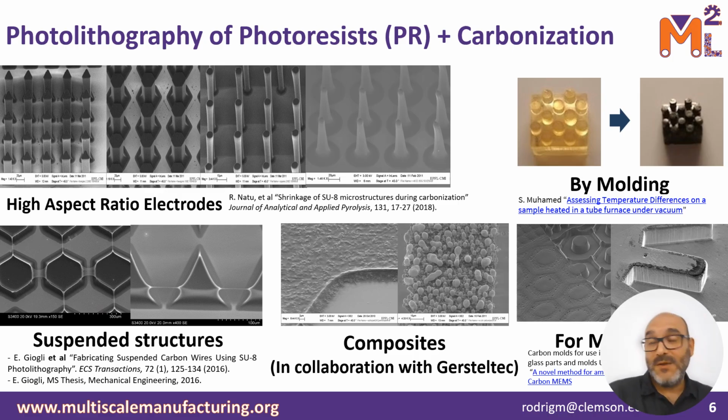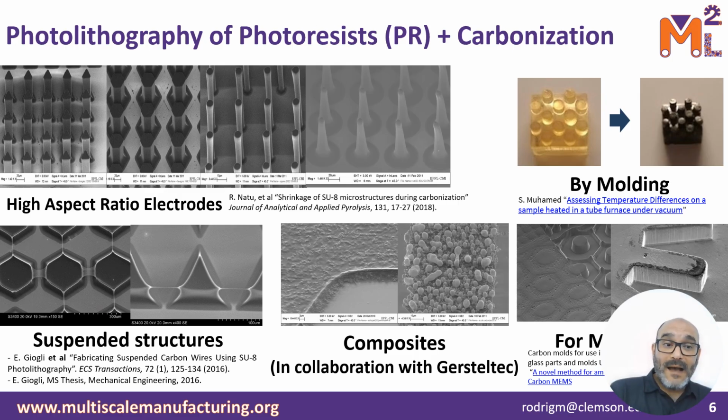People have used them for batteries and for capacitors. I have used them for electrophoresis, for example, in order to manipulate bio targets in a sample. So there are multiple applications for these structures.